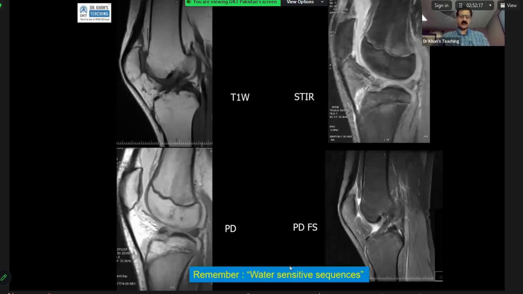Water sensitive sequences by definition are fat saturated sequences. So edema or anything which has got water content will be bright. You can have a stir sequence, which is most sensitive. Then you can have a PD fat saturated, and you can have a T2 fat saturated. So if you're not sure, in the exam, just use the term water sensitive sequence.